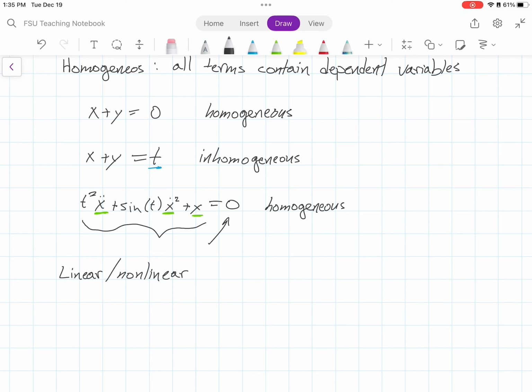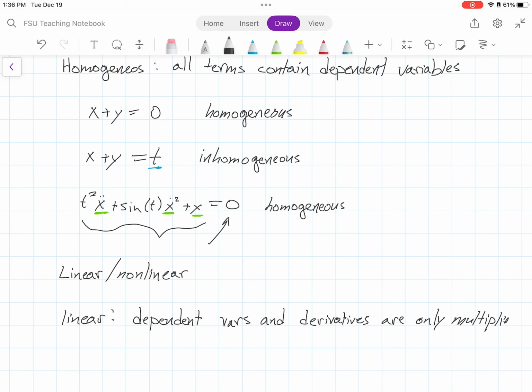An equation is linear with respect to its dependent variables if the dependent variables and their derivatives are only multiplied by constant coefficients.